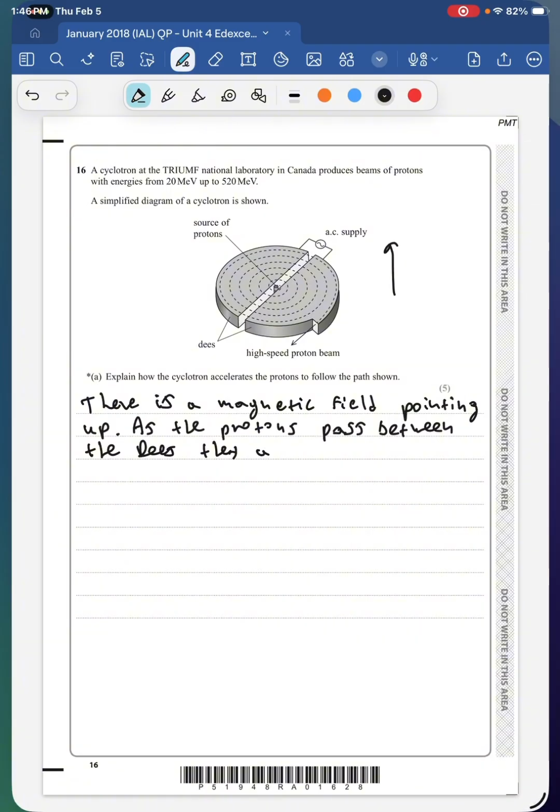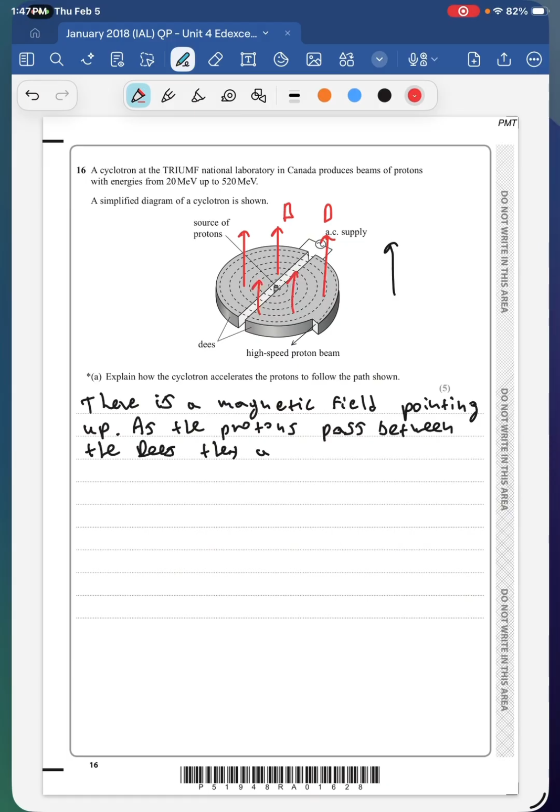The magnetic field, B, is perpendicular to the cyclotron. So you have field lines coming up.